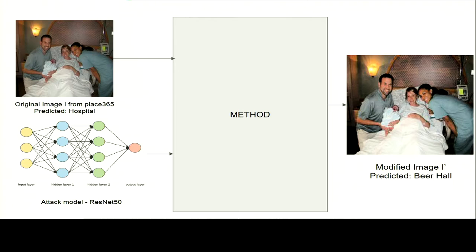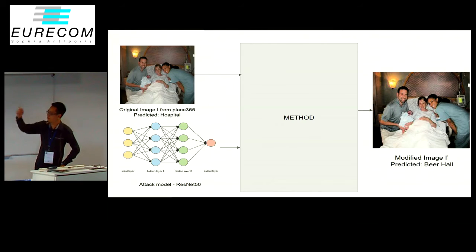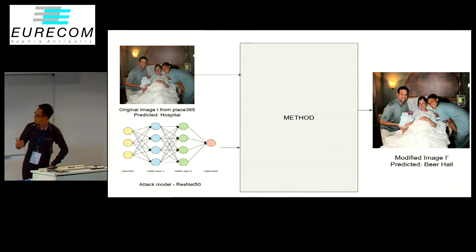Here is an example. The input image's location is hospital, and the attack model here is ResNet 50. We have to build a method so that we can produce a new image where the predicted class is different.